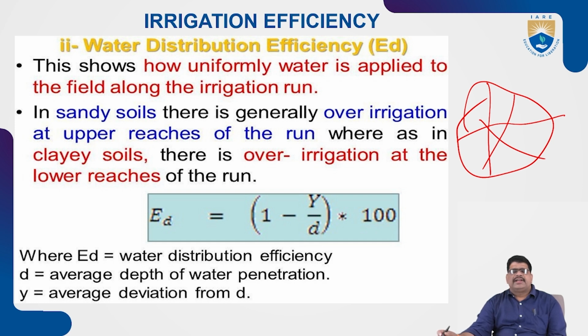In sandy soils, what happens? The percolation capacity will be more. So generally the upper reaches of the run get over irrigated in sandy soils, and in clayey soils the lower reach of the run gets over irrigated. Ed = (1 − y/d) × 100, where Ed is the water distribution efficiency, d is the average depth of water penetration, and y is the average deviation from d.